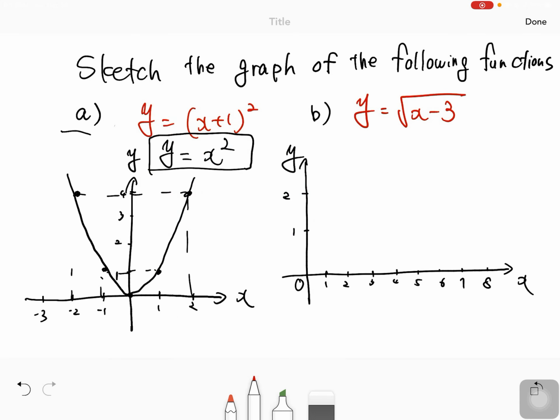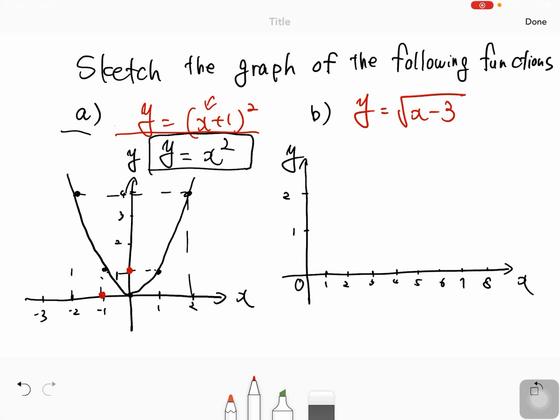Then let me find the graph of y equals (x plus 1) squared as well. First, simply you can find points in xy coordinates. When you plug in 0 into x, y is gonna be 1. If you plug in negative 1, y is gonna be 0.